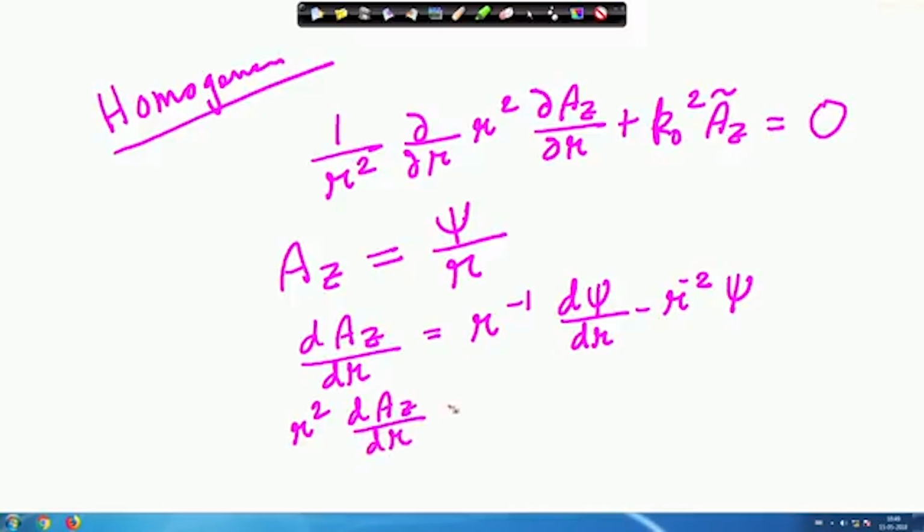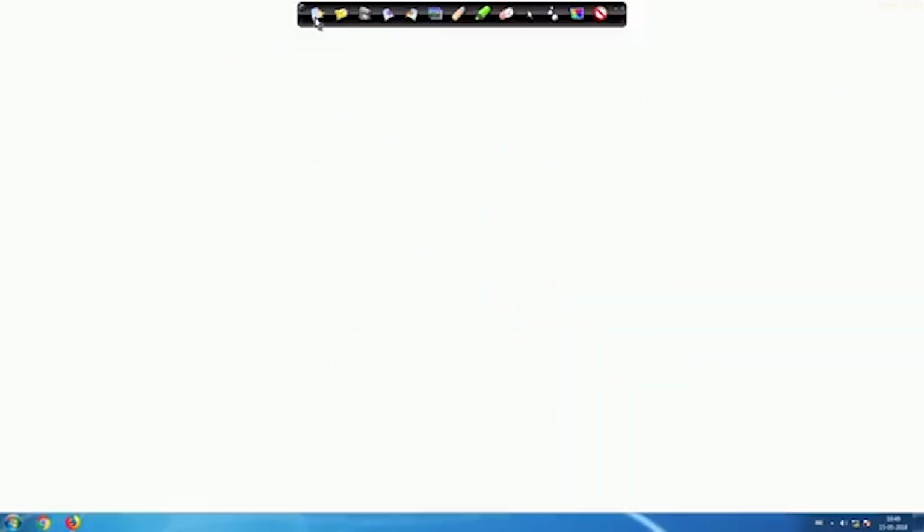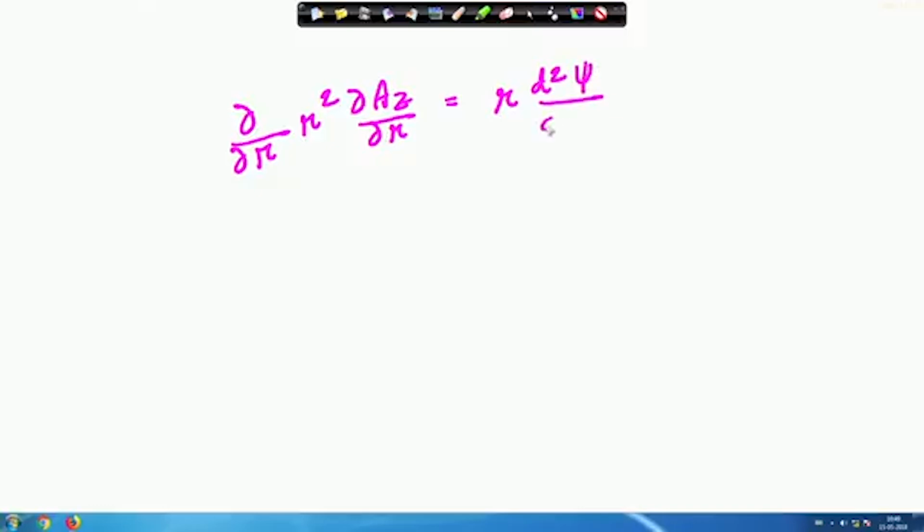Similarly, you can find what is r square dAz dr, that will be r d phi dr minus phi, then del r r square dS. After some substitution, I am not doing it, it is simple, you do it, because it is only a one variable dependence.